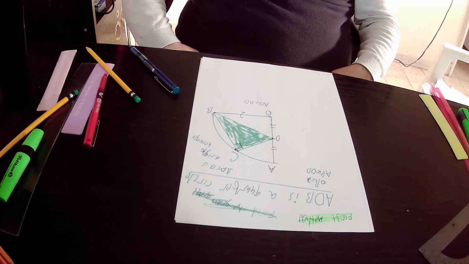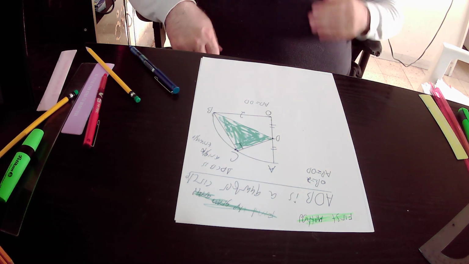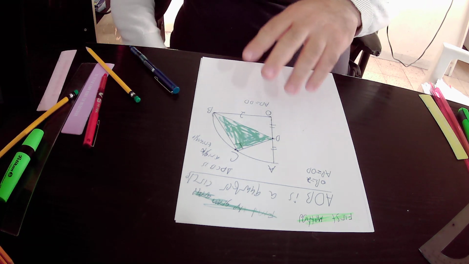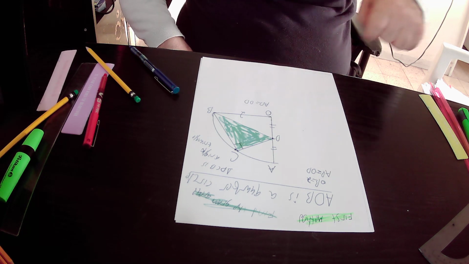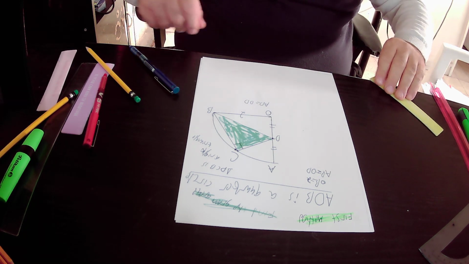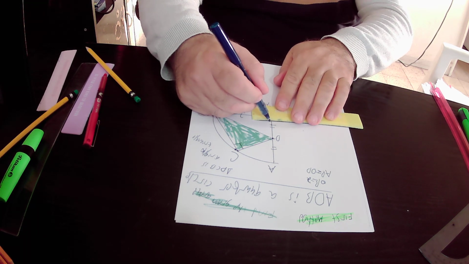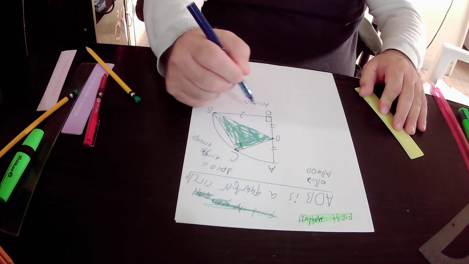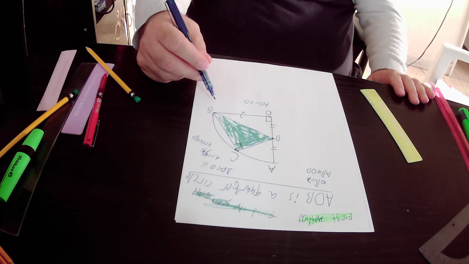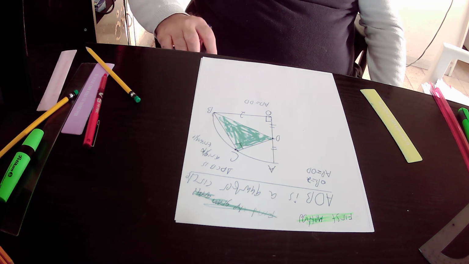So we start with the first method. We actually know that AOB is a quarter circle, therefore O must be the center of the quarter circle, and angle AOB must be equal to 90 degrees. And OB must be the radius of the quarter circle, and AO must also be equal to the radius of the quarter circle.